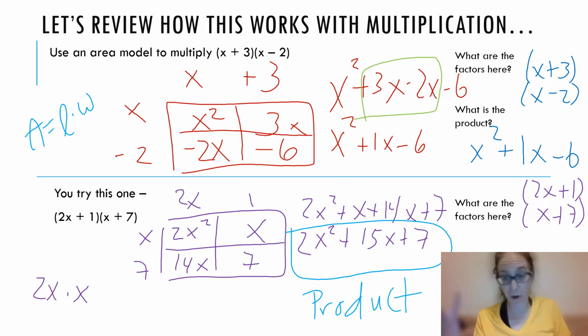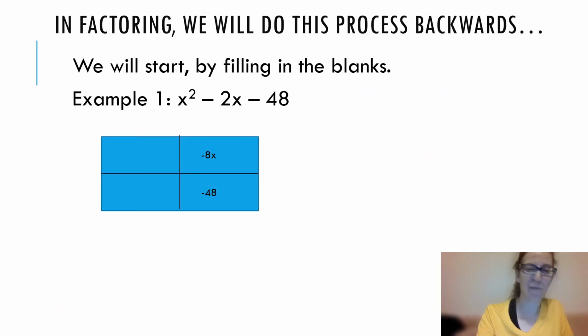So where are we going with all of this? I'm glad you asked. In factoring, we will do this process backwards. So we are going to start with something that looks like this and work our way backwards. Now, we are going to ease into this.